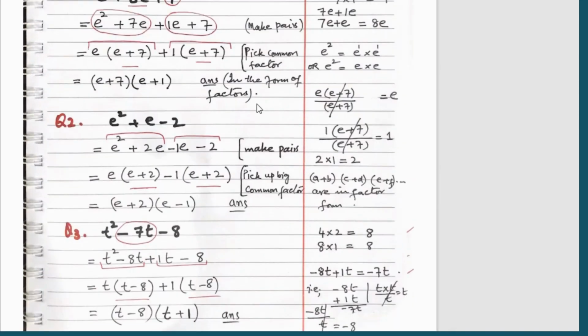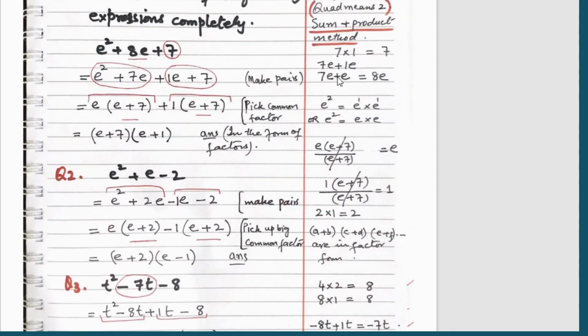Here in previous examples I added up 7 and 1 after putting e, this variable which is with the midterm. We always put this variable with the factors and try to get the components of this 8e separately in an appropriate form, right?